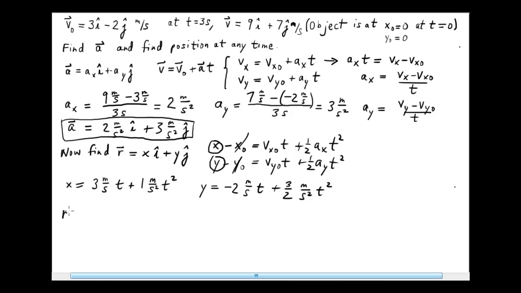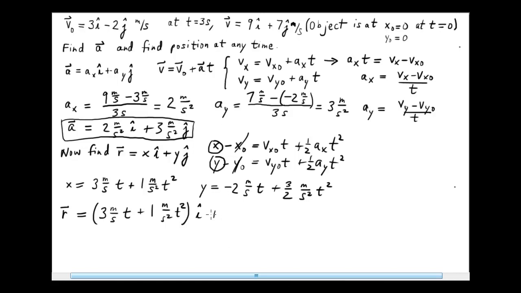So r is equal to now x times i hat plus y times j hat. And this is just a little tedious, but it does give us the final answer. 3 meters per second t plus 1 meter per second squared t squared times i hat, then I have to now put in my j hat term, which is going to be y times j hat.